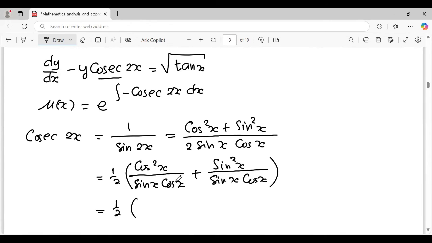Half times this is cosine x over sine x, plus sine x over cosine x.